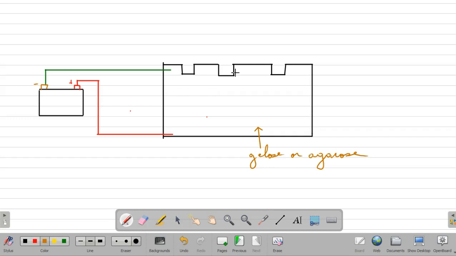Then what? In this, we will put the restriction fragments obtained by the restriction enzyme from the DNA. We put in these cavities the restriction fragments obtained. As you know, we added to the DNA the same restriction enzyme, and once we obtain the fragments of DNA, called also restriction fragments.